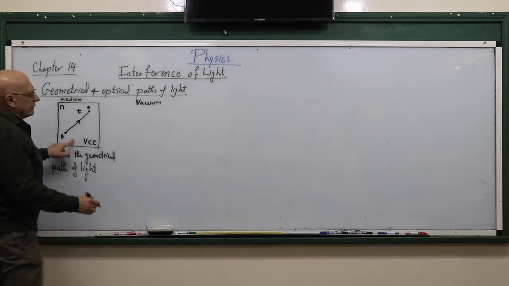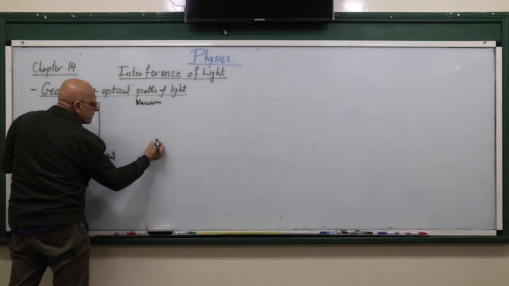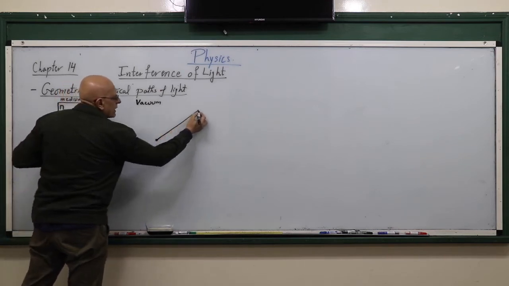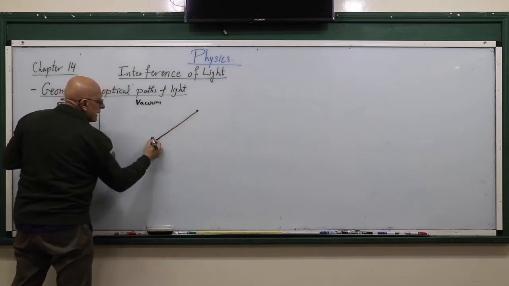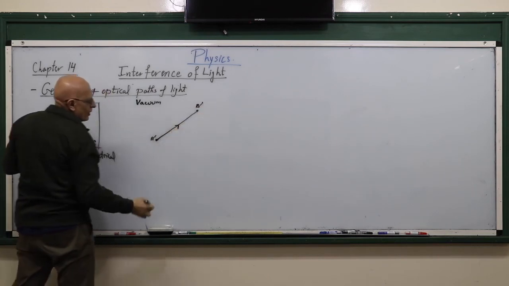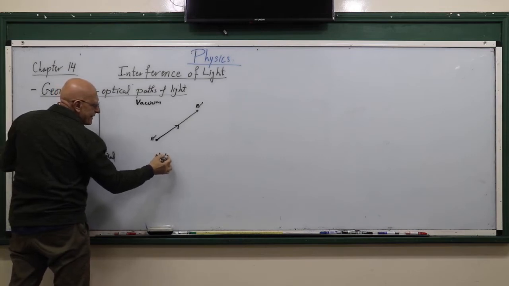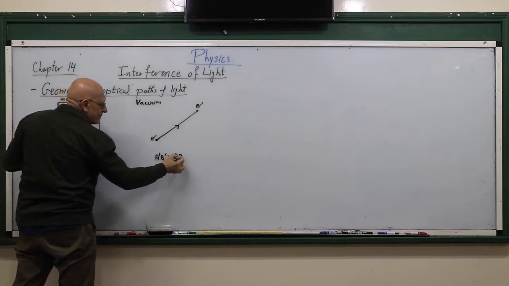So during the same time t, light in vacuum will cover distance A prime B prime, which is greater than AB.